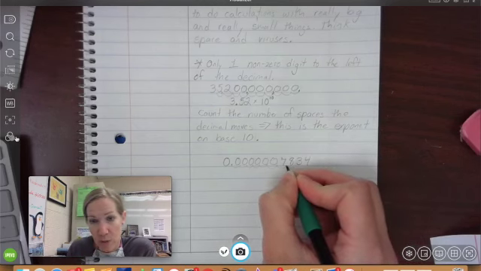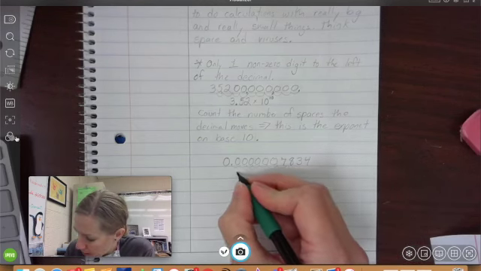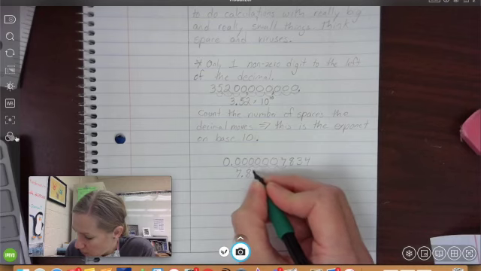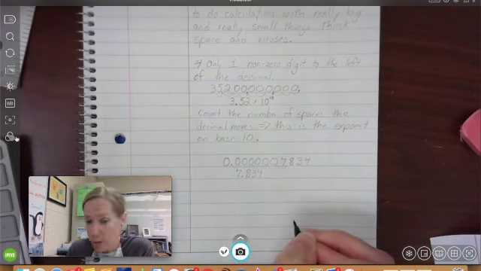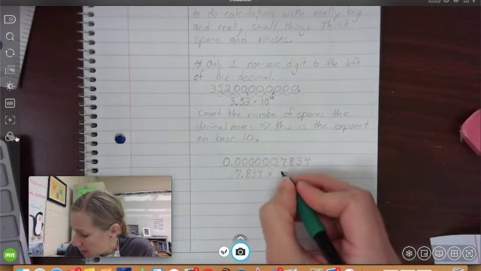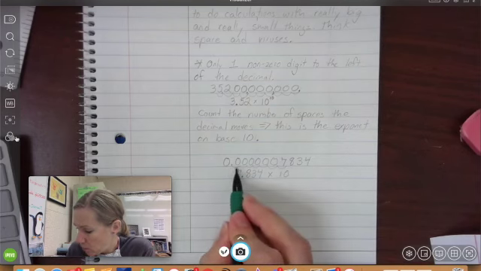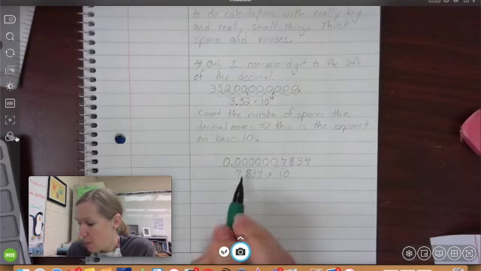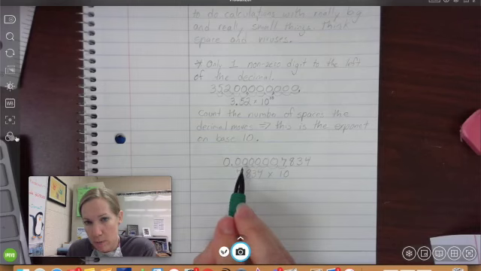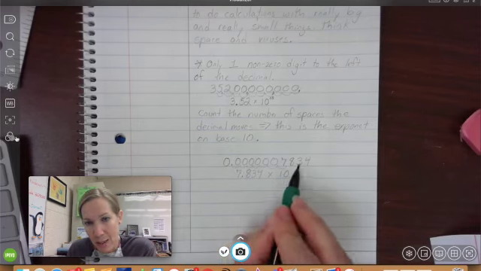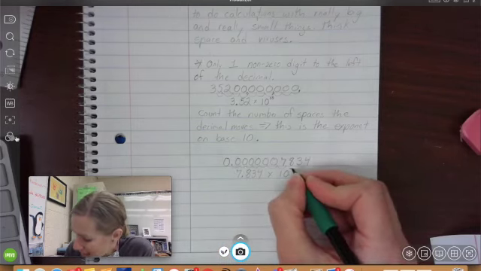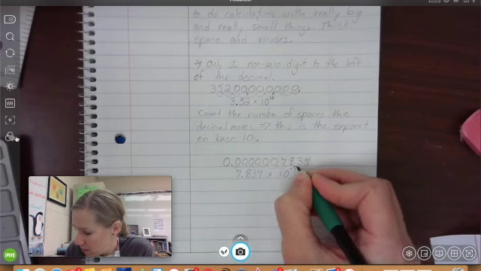So I want the decimal to be there. So I'm going to take 7.834, that's something I can put in the calculator, times 10. Now I had to move the decimal 7 places, but this is a really small number, and I moved the decimal to the right. So that's going to be negative 7.